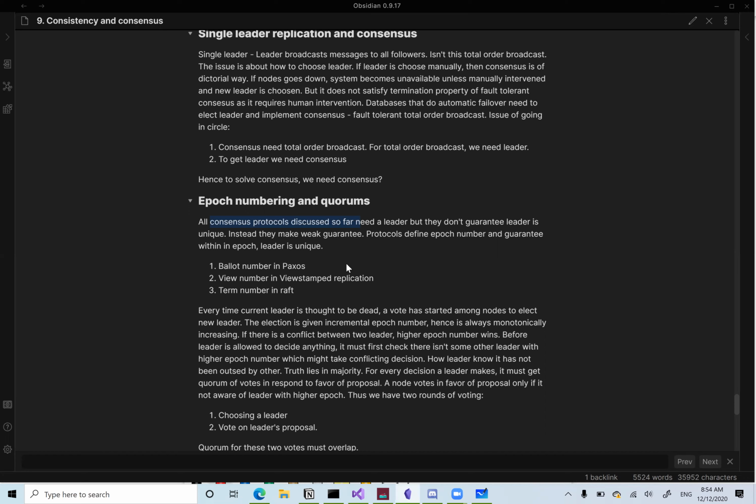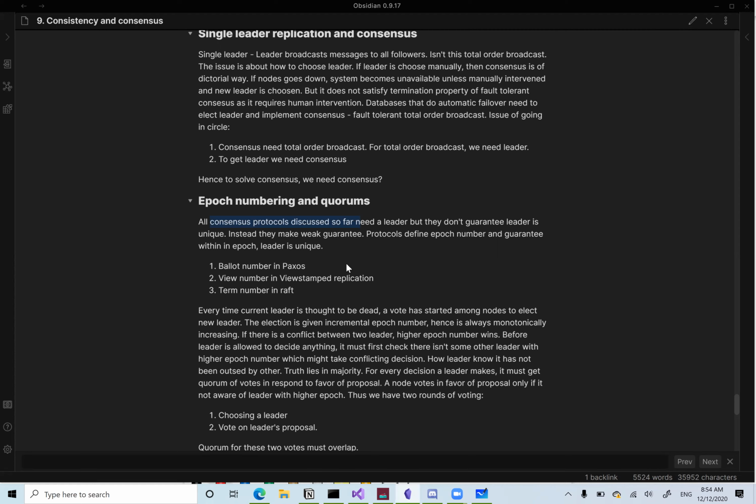Like if you are sending a value 5, and whether to accept or reject the value, the system overall will agree only on one value, that whether to accept it or not to accept it. So overall, it will maintain a consensus. But the part where it is electing a leader, there it is only a weak guarantee, and there might be multiple leaders, which we saw in the case of network partition.